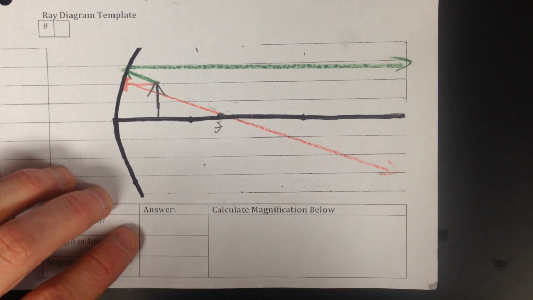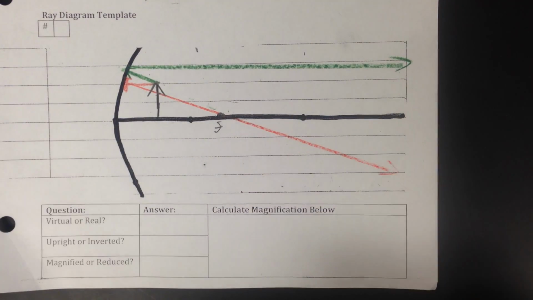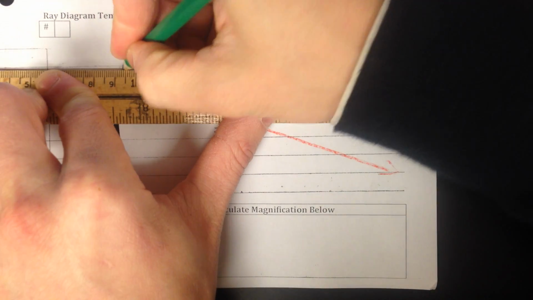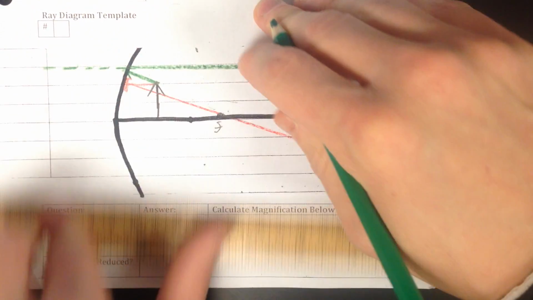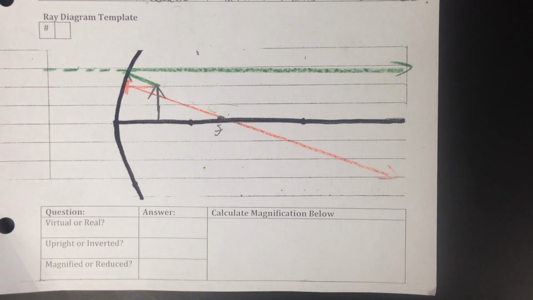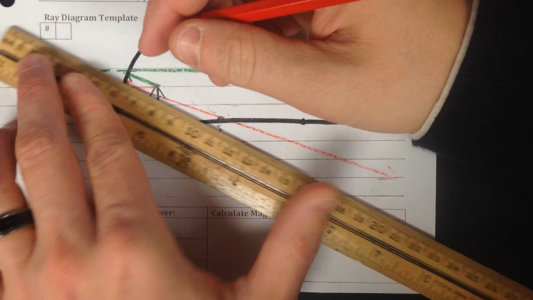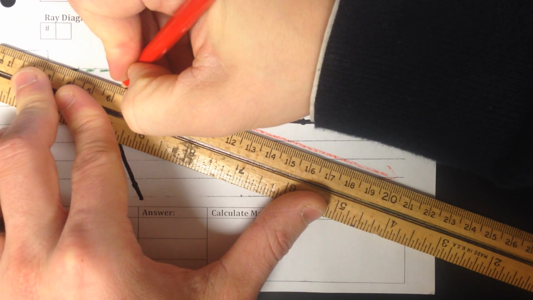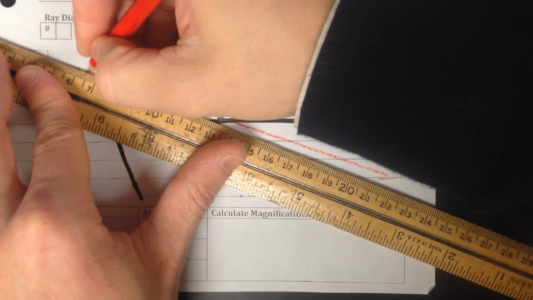So it has to be the reflected rays that intersect though. So take your reflected rays. This one was horizontal. And I'm going to trace them back with a dotted line just behind the mirror. These rays are dotted because they're not real rays of light. It's simply where I think the rays came from, the dotted line.